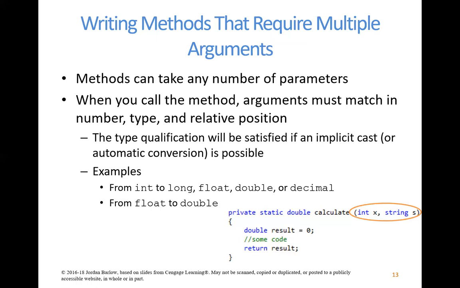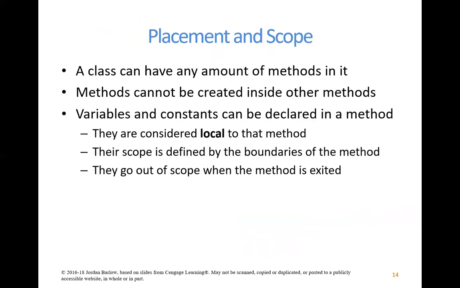I mentioned some of this as I was going over the examples, but methods can take any number of parameters and of varying data types. They just have to match in their relative position when you invoke the method. Okay, a class or a file or a form that we've created in this class can have any number of methods in it.